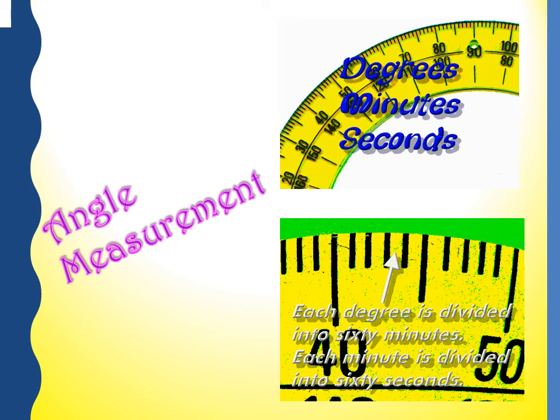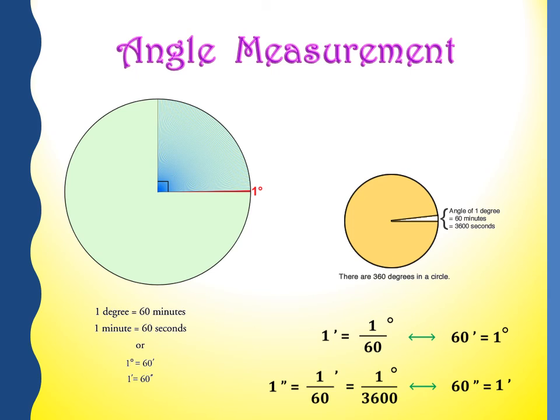That means the units of measuring the angles are degrees, minutes, seconds from greater to smaller. 1 degree equals 60 minutes and 1 minute equals 60 seconds. I represent degree by this small circle and minutes by 1 dash and seconds by 2 dashes.